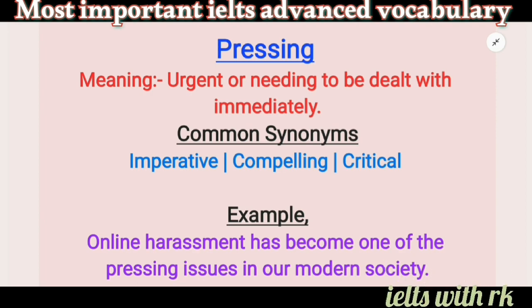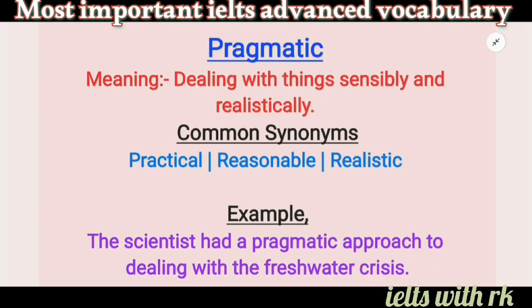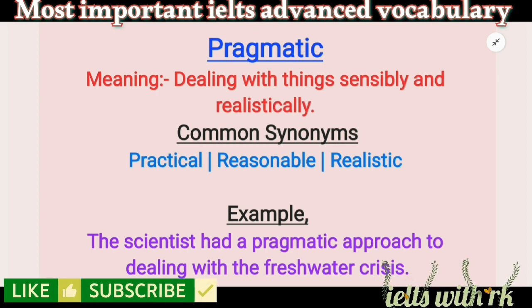Compelling. Critical. Online harassment has become one of the pressing issues in our modern society. Pragmatic. Dealing with things sensibly and realistically. Practical. Reasonable. Realistic. The scientist had a pragmatic approach to dealing with the freshwater crisis.